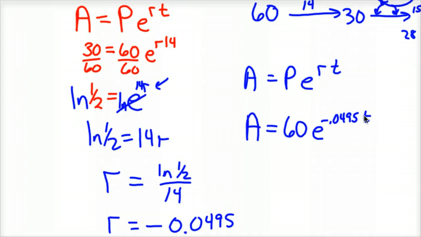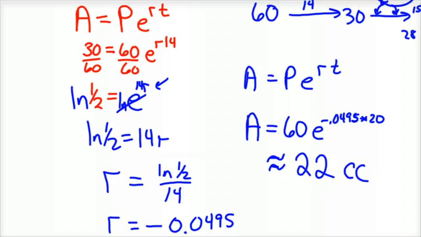We know t as 20 days, excuse me, times 20. And so here we go. This will produce our amount. So you take 60 times e to the negative 0.0495 times 20, whatever that is. But you should end up with, and I was close, but it's 22 cc's when you plug that in.